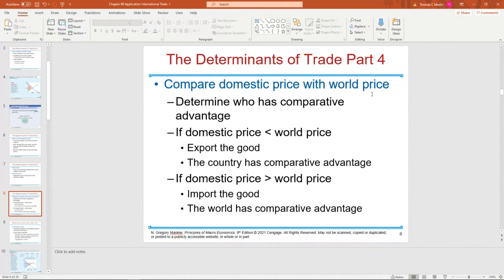Now, compare domestic price with world price to determine comparative advantage. If domestic price is less than world price, we export the good. If domestic is greater, we import.